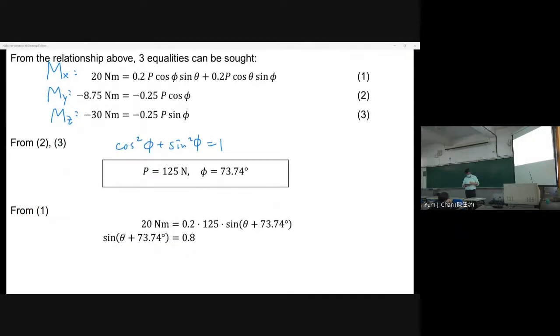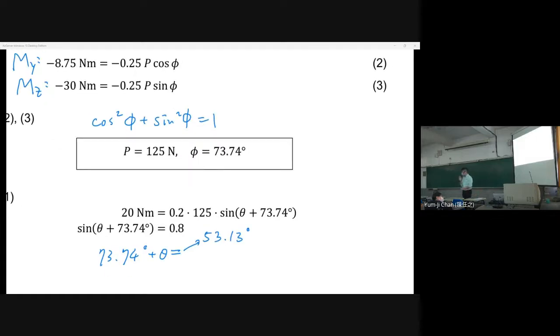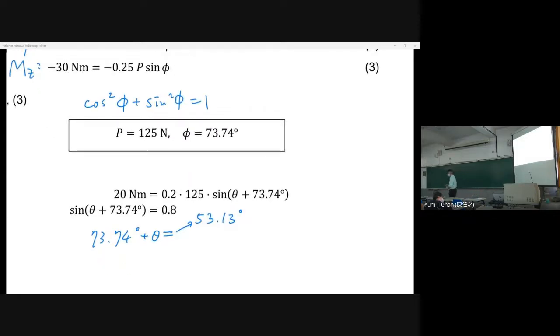So 73.74 degrees plus beta is equal to 53.13 degrees. If you hit your calculator with sine minus 1, if you have a key like this, then you will get this one, 53.13 degrees.